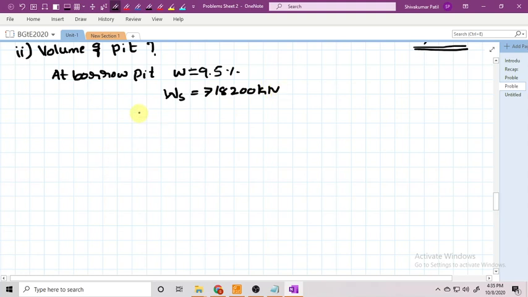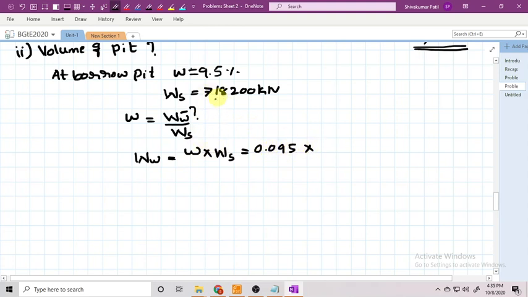Now what is the water content? Water content is nothing but weight of water by weight of solids. I only don't know the weight of water. So to find the weight of water, water content into weight of solids: 0.095 into 7 lakh 18,200 kilonewton.